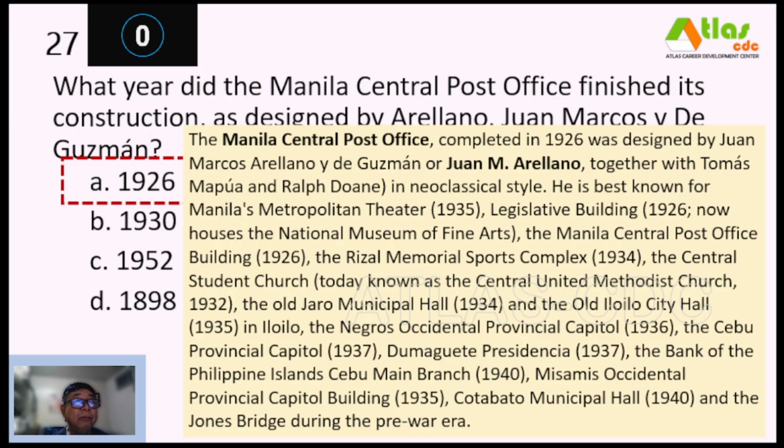He is best known for Manila's Metropolitan Theater, 1935, the Legislative Building, which now houses the National Museum of Fine Arts, the Manila Central Post Office Building, the Rizal Memorial Sports Complex, the Central Student Church, today known as the Central United Methodist Church, the Old Haro Municipal Hall, and the Old Iloilo City Hall, the Negros Occidental Provincial Capitol, the Cebu Provincial Capitol, Dumaguete Presidencia, the Bank of the Philippine Islands Cebu Main Branch, Misamis Occidental Provincial Capitol Building, the Cotabato Municipal Hall, and the Jones Bridge during the pre-war era.